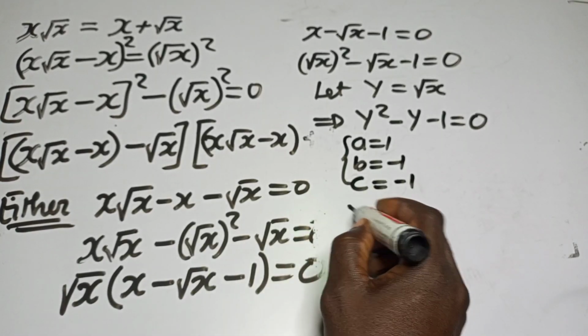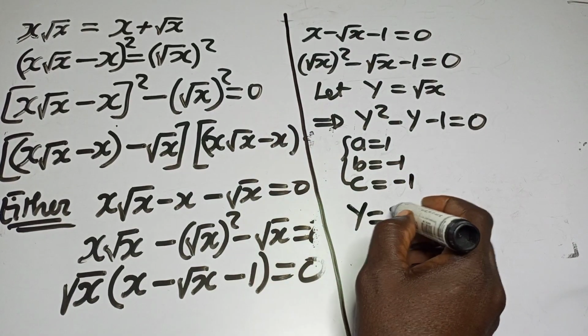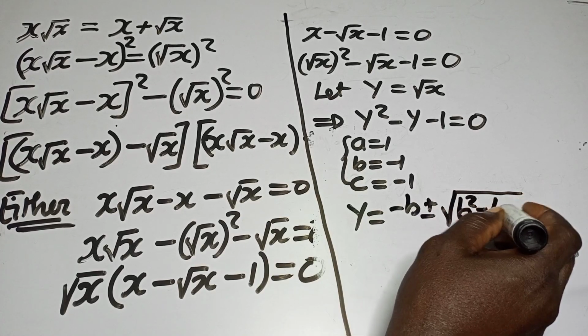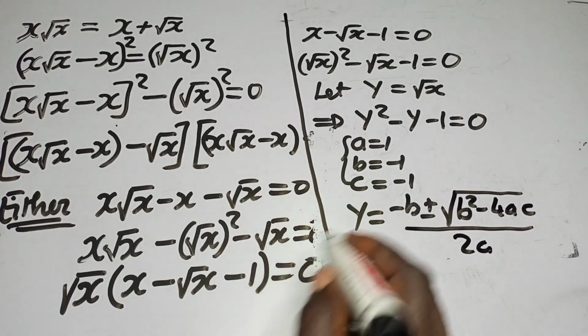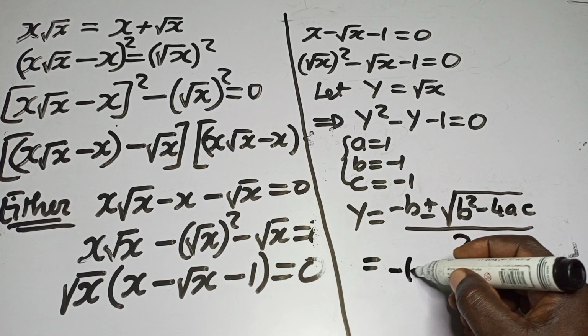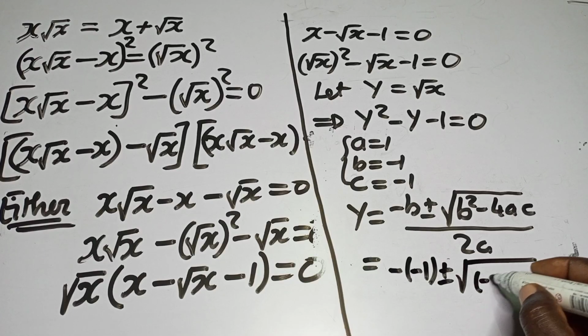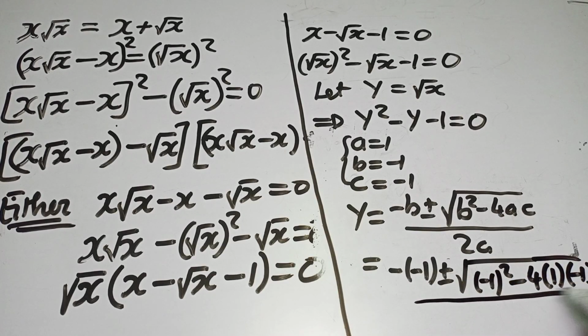From here we'll use the quadratic formula. y will be equal to minus b plus or minus the root of b squared minus 4ac all over 2a. Let's put our values carefully. So we have y is equal to minus minus 1 plus or minus the root of minus 1 squared minus 4ac all over 2 times 1.